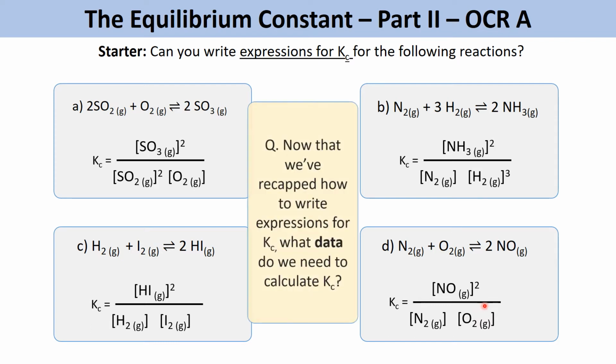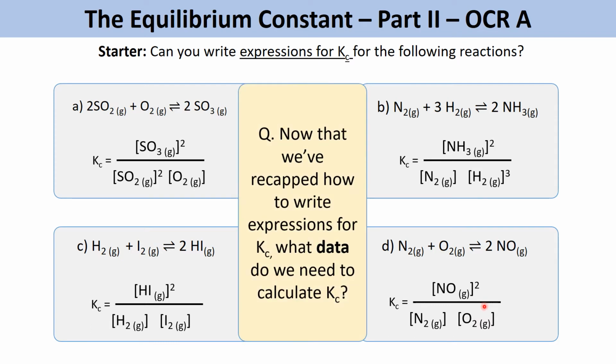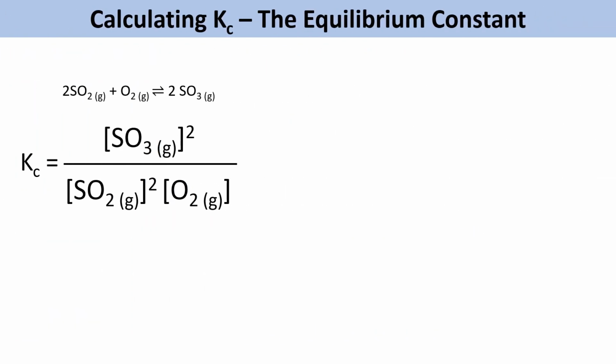But obviously, we are going to need some data to be able to calculate Kc. So I want you to think, maybe pause the video here quickly, about what exact data we would need in order to calculate a value of Kc like this. So you can see here that we've got an equilibrium, a reversible reaction equation.